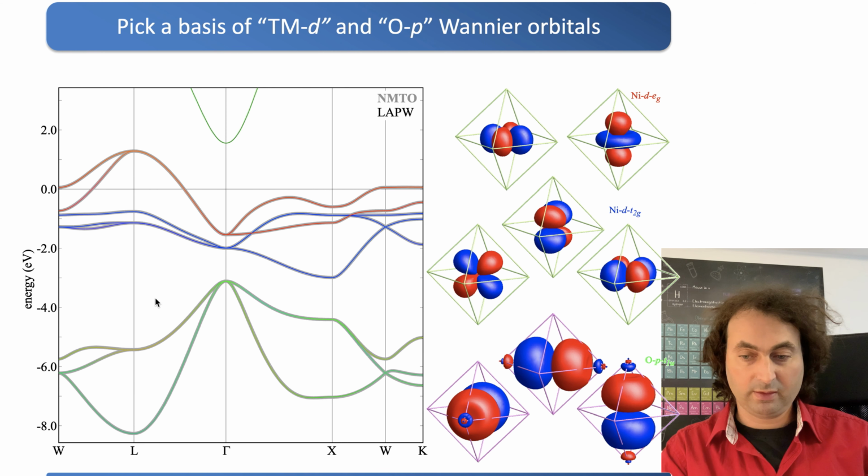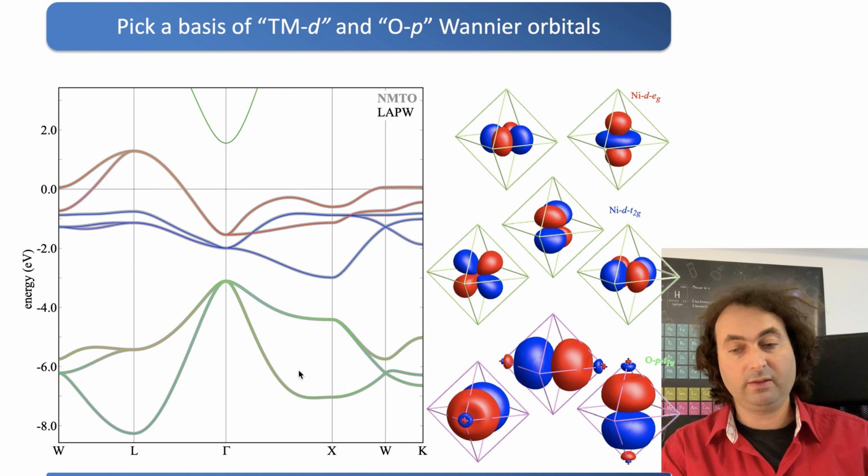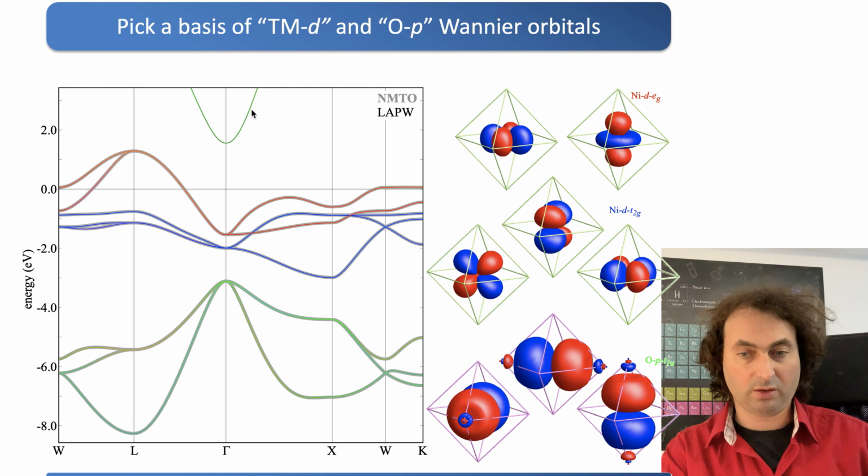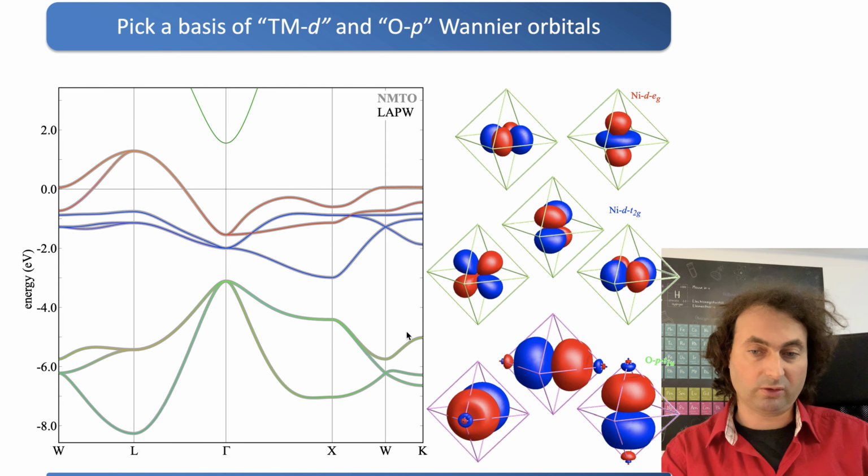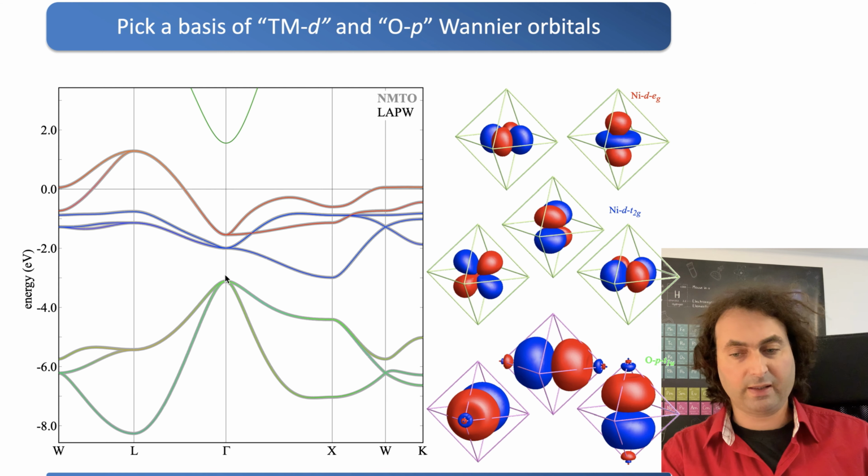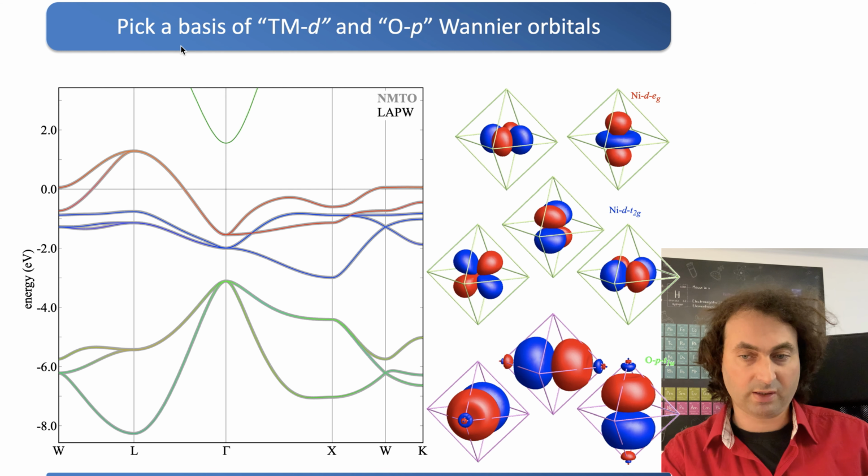So it is these bands here between -8 and -4 electron volt that are the bonding linear combinations of the original nickel 4s and original p orbitals.